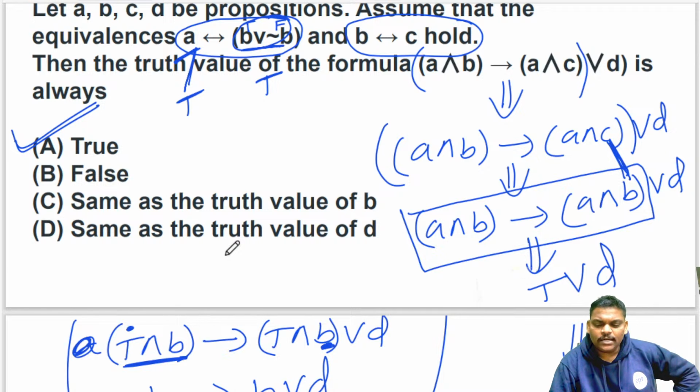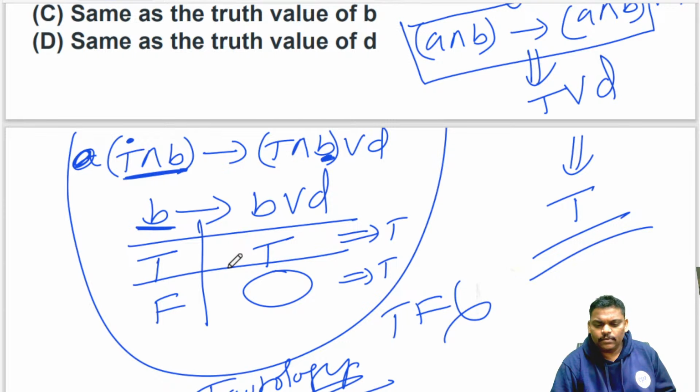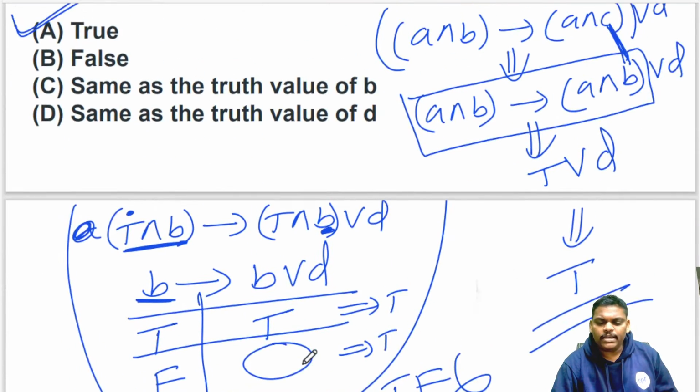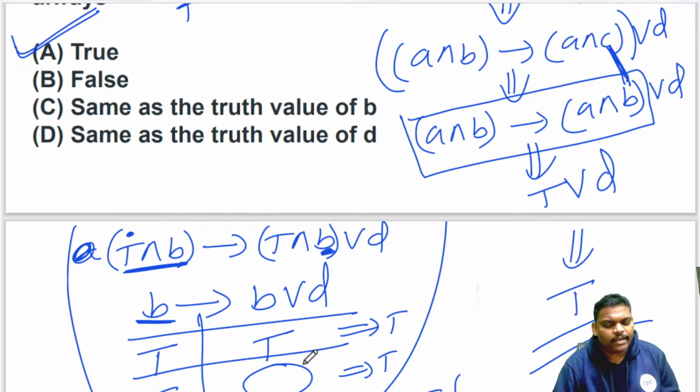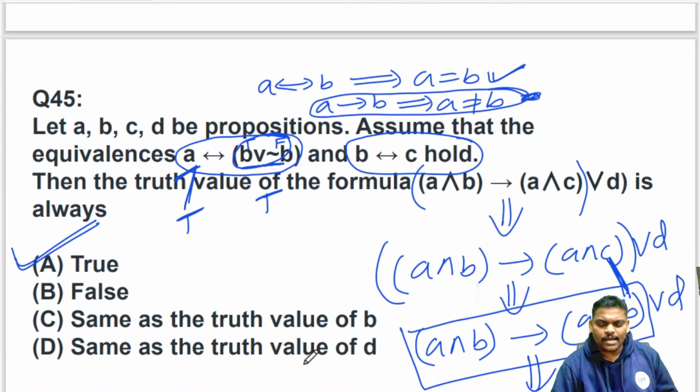So you can just draw the table and check one time. Draw the table, you will get the clarity. The only thing you can do is use the given information and draw the table, because so many options are there. So verify whether this result is always equal to B or D. Diksha, just draw the table, nothing there.